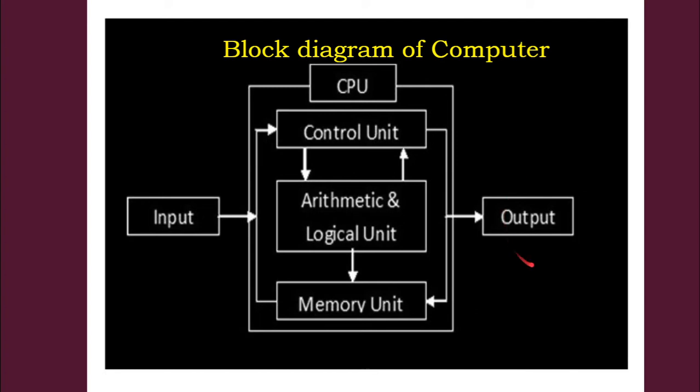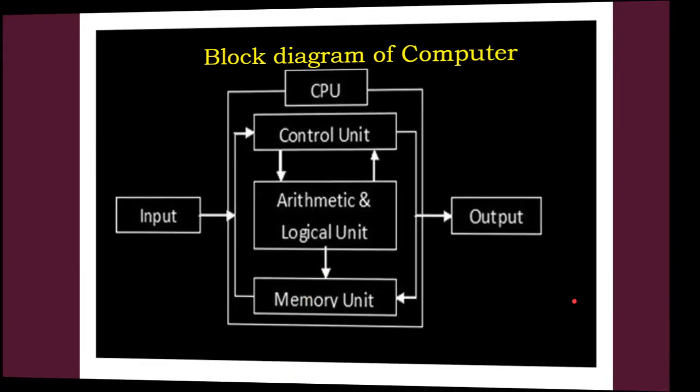That is done by the output devices, maybe the printer or the monitor screen and so on. So basically we have three components: input, processing and output. And in the processing unit we have three different subunits: control unit, arithmetic logical unit and memory unit.